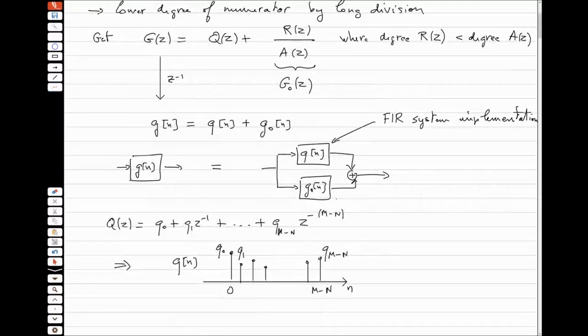So this one, you perform the parallel form implementation from super case 1.